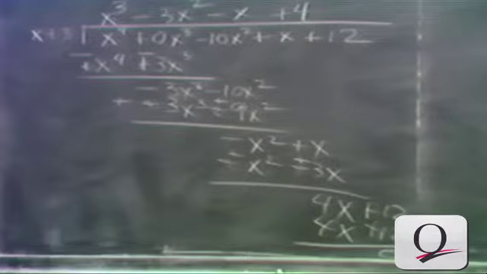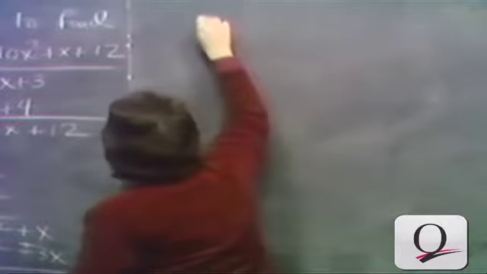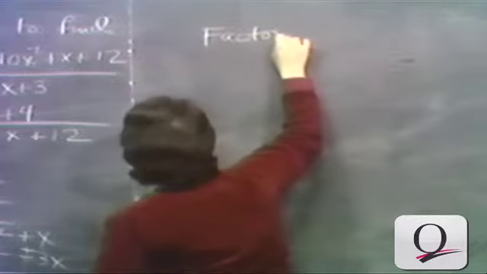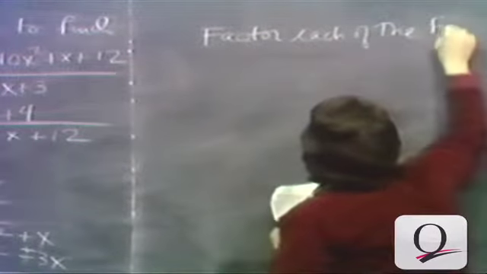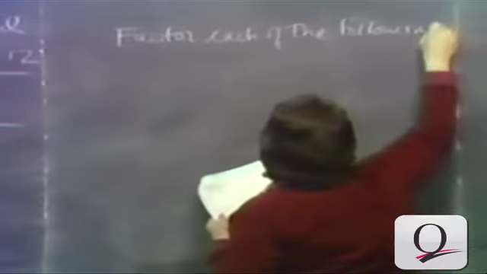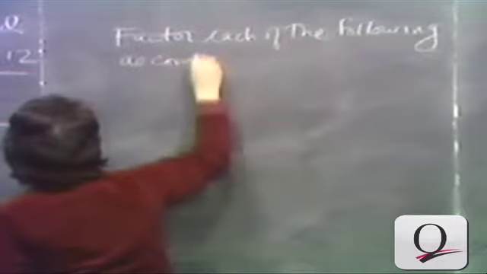Now we have been multiplying out polynomials. Let's now try to work the other way and go over factoring of polynomials and algebraic expressions. I want to factor each of the following as completely as possible.